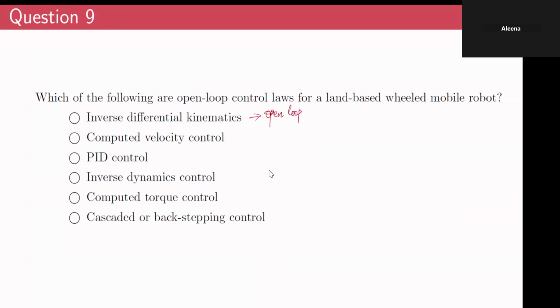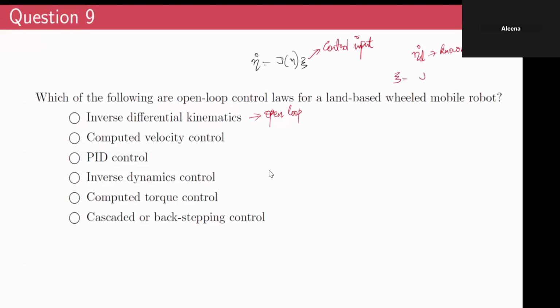This is the easiest control law that we have discussed. From kinematics, eta dot is nothing but J of eta multiplied by zeta, and this is the control input. If you know the desired velocities, then finding out the control input zeta is trivial.